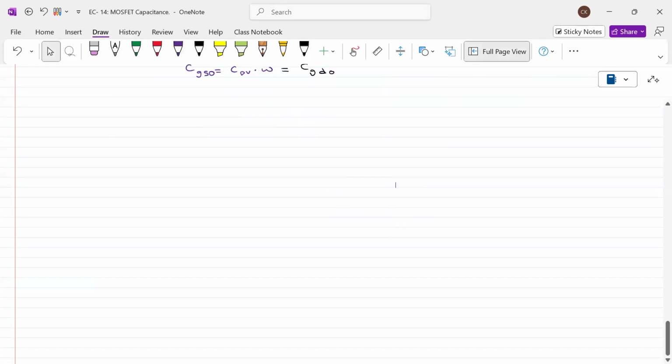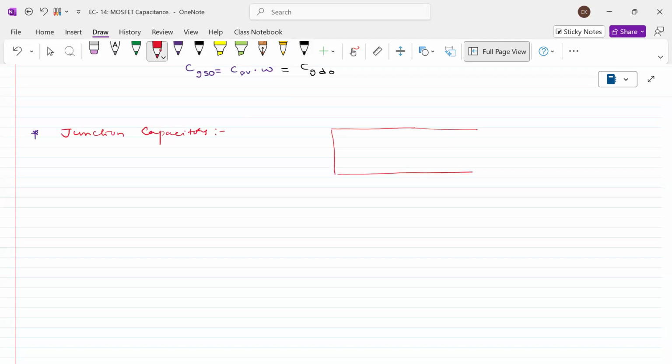Junction capacitances. So I want to give the junction capacitance. We can see the junction capacitance in this way. Here we have a source. Here we have the drain.